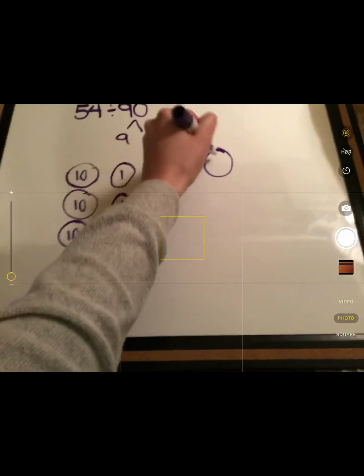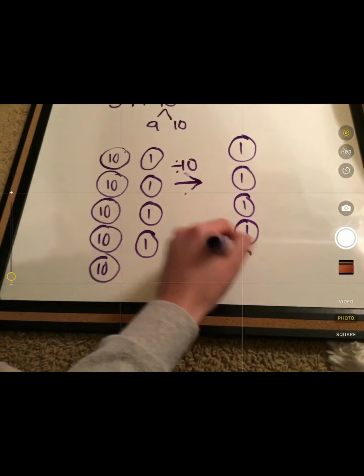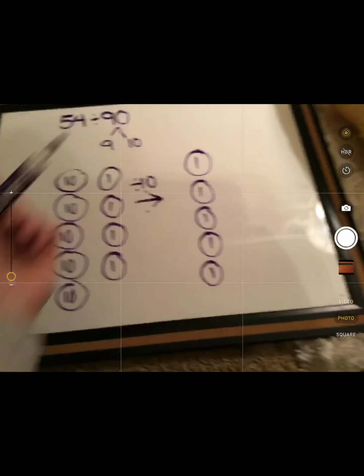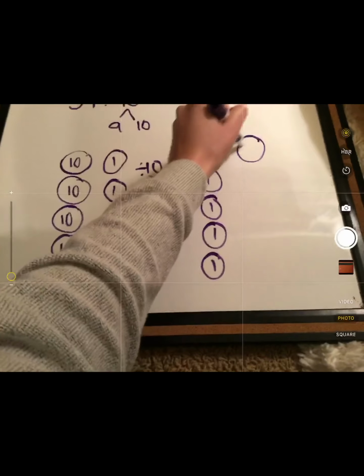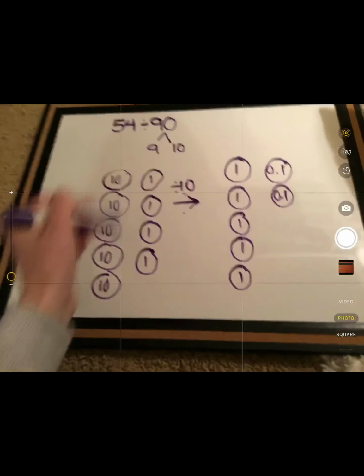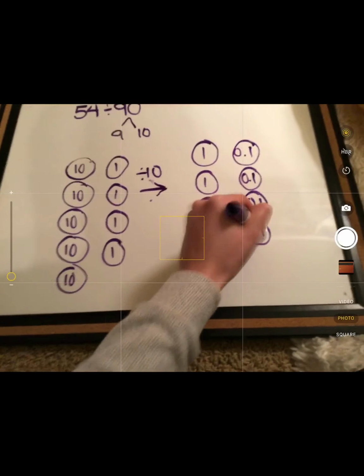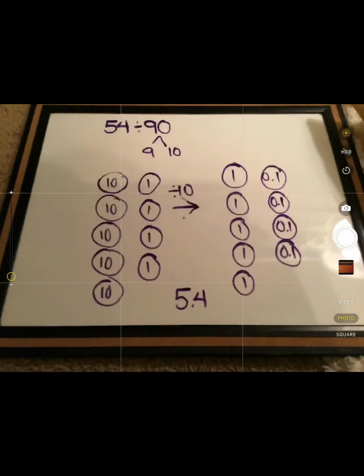So 10 divided by 10 we said was 1. I would do that 5 times. And then 1 divided by 10 we said was 1 tenth. And I would do that 4 times. So my answer for this, 1, 2, 3, 4, 5, 1, 2, 3, 4. So I have 5 and 4 tenths.